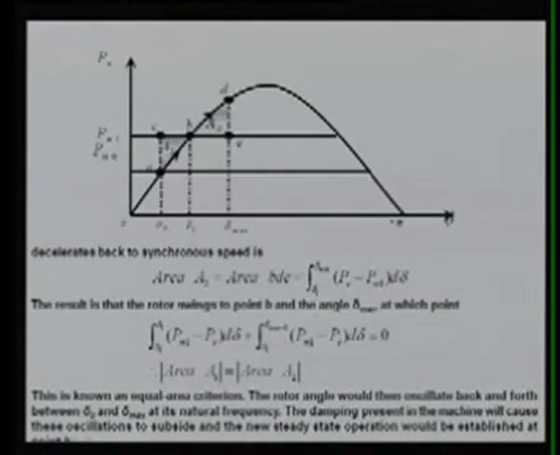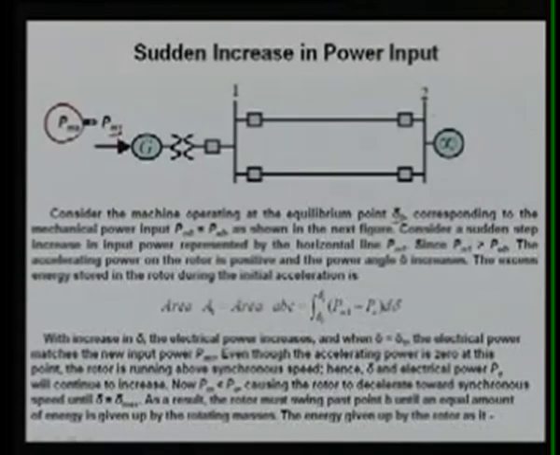You can see here, this is your delta naught, and this is your delta variation. This is your PE, the P-delta curve of the combined composite system, including the infinite bus, the generating terminal, the generator, and the transformer.